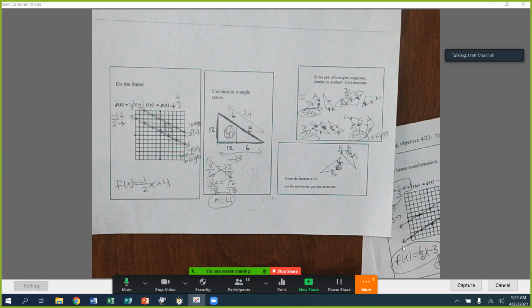Okay, to really see if you're knowing your stuff, just like Victoria did, she gave me another ratio for that problem. Can you give me another ratio that would work for that problem, Edwin? 16 over 8. Yeah, you wouldn't want to do 16 over 8.